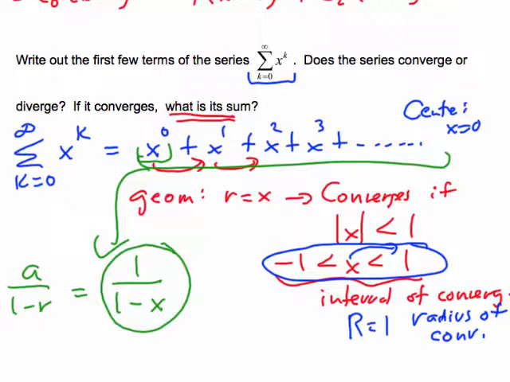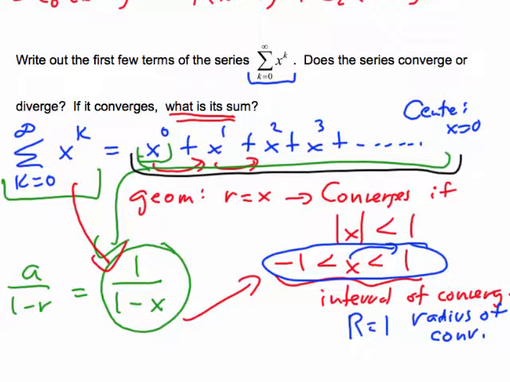And so this series converges to this as long as x is between -1 and 1. In other words, the infinite series is equivalent to this on this interval.